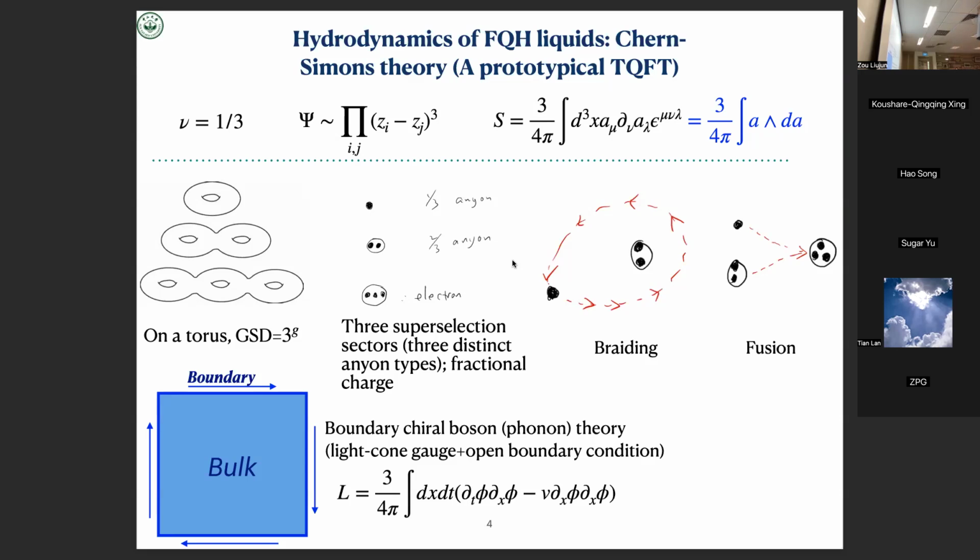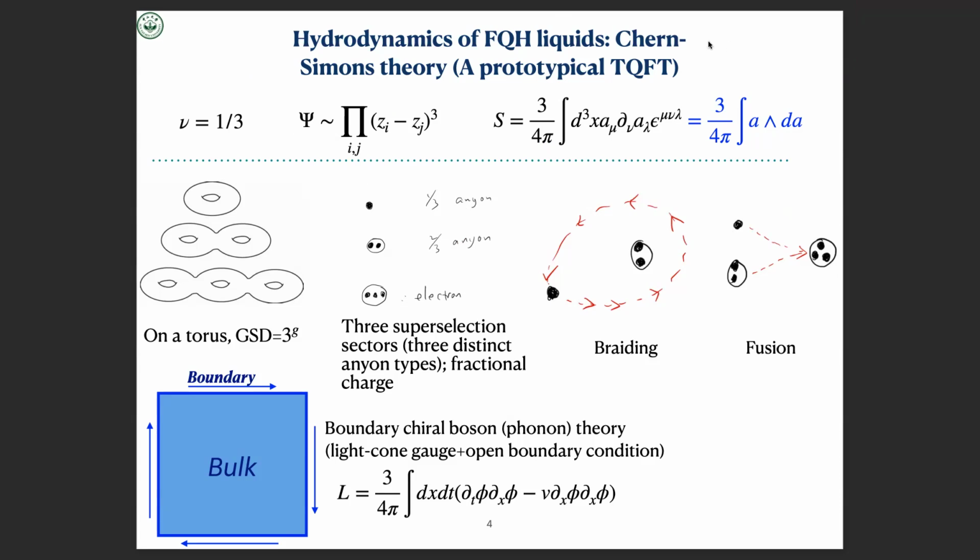The Chern-Simons theory is written in this form. The coefficient 3 is quantized to an integer, and this quantization of the prefactor is guaranteed by large gauge transformations. We don't need any symmetry to protect this quantization of 3. That's very important. So in that sense, we don't need any symmetry to protect the topological order.